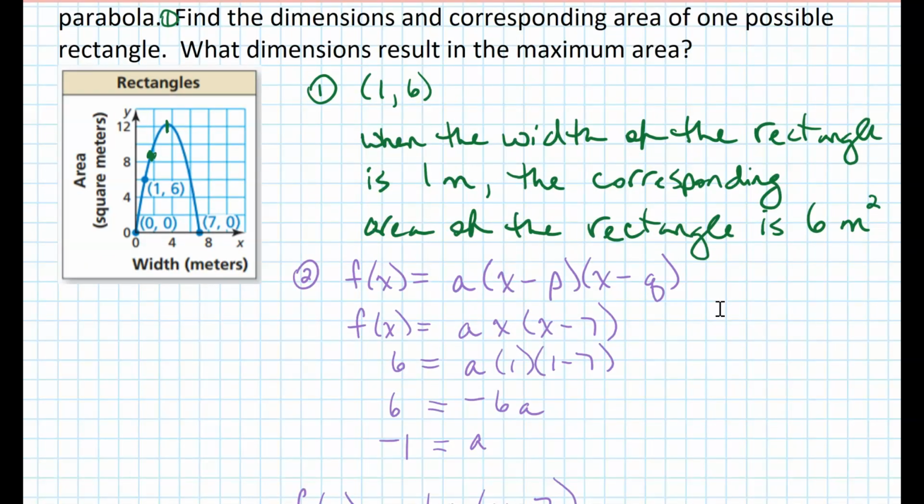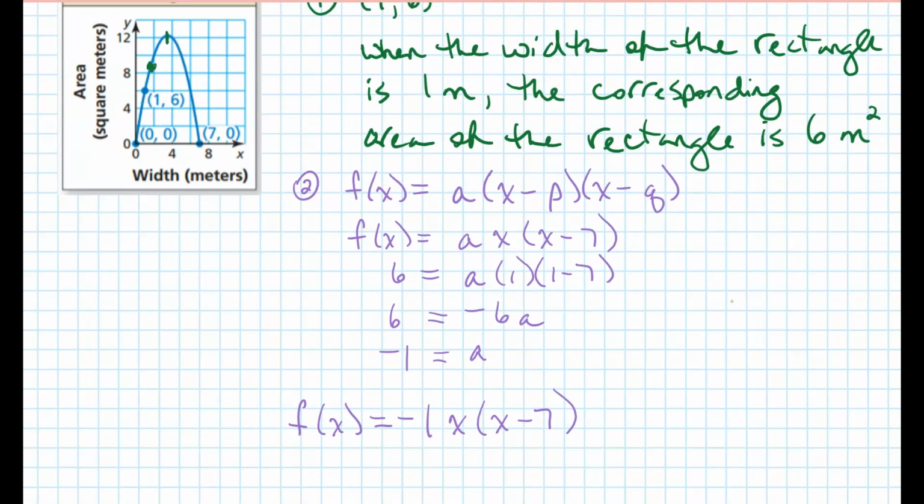The next part it was asking for is, what dimensions result in the maximum area? So what did we already say when we are looking for a maximum? It's at the vertex. Okay. What do we already know about our vertex? It's the average of the two x-intercepts.